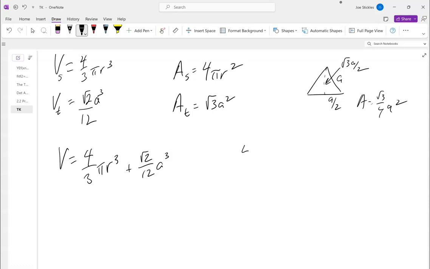And we know that the total surface area must be 12. So those are two pieces of information that we know. You're trying to find the maximum and the minimum of the total volume of the sphere and the tetrahedron together.